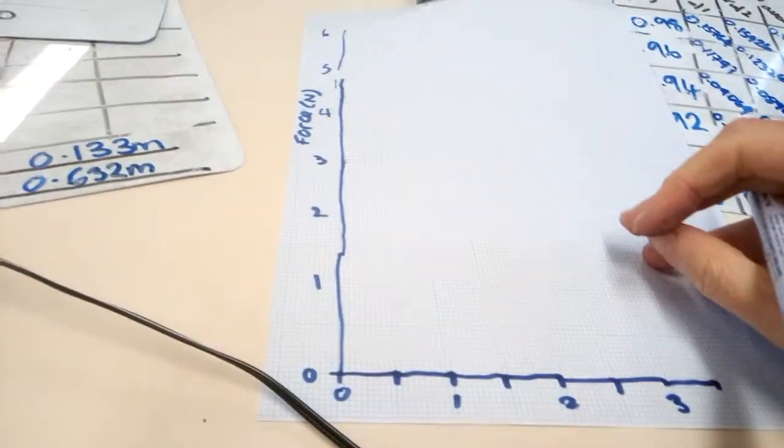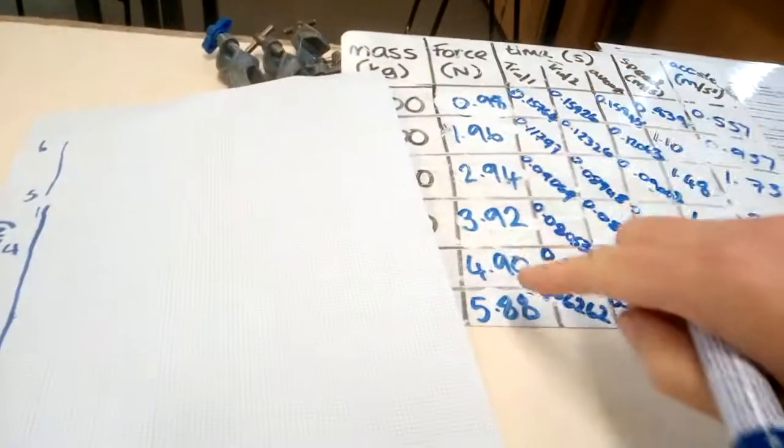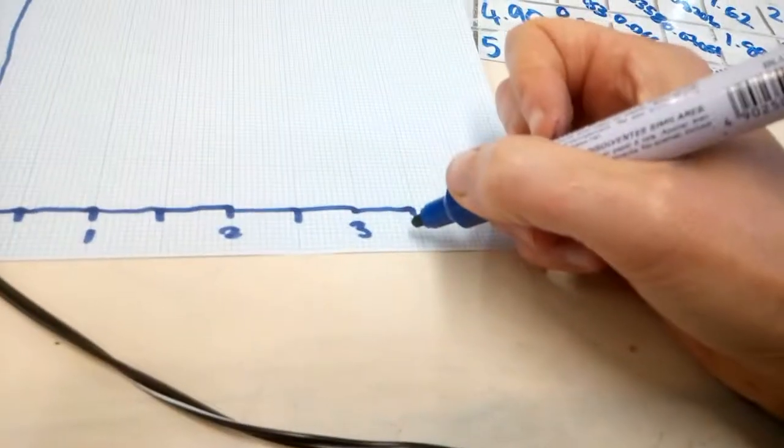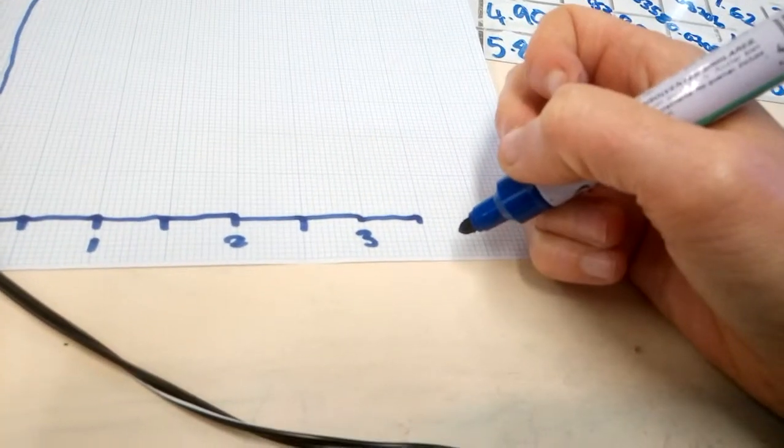That should fit in. So we're plotting our force column against our acceleration column. Make sure you label this axis as acceleration in metres per second squared and have a go at plotting it. If you plot it correctly, it should end up being a straight line graph like this one here.